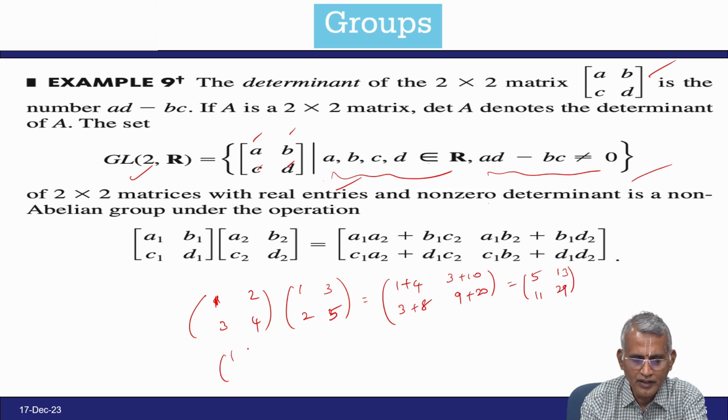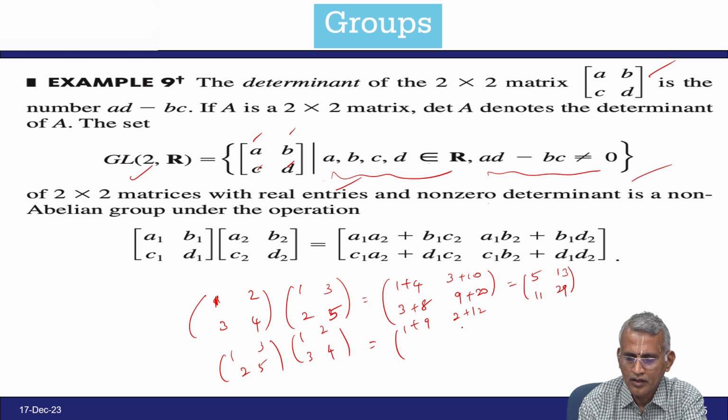Now, you multiply the other way, that is AB and now BA, and you find the value. So, 1 into 1 is 1, and 3 into 3 is 9; 1 into 2 is 2, plus 3 into 4 is 12; then 2 into 1 is 2, plus 5 into 3 is 15; and 2 into 2 is 4, plus 5 into 2 is 20. You see, it becomes 10 and 14, 17 and 24.